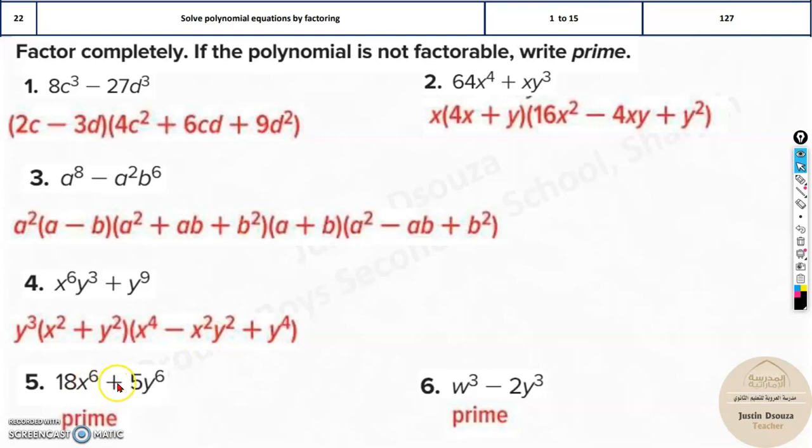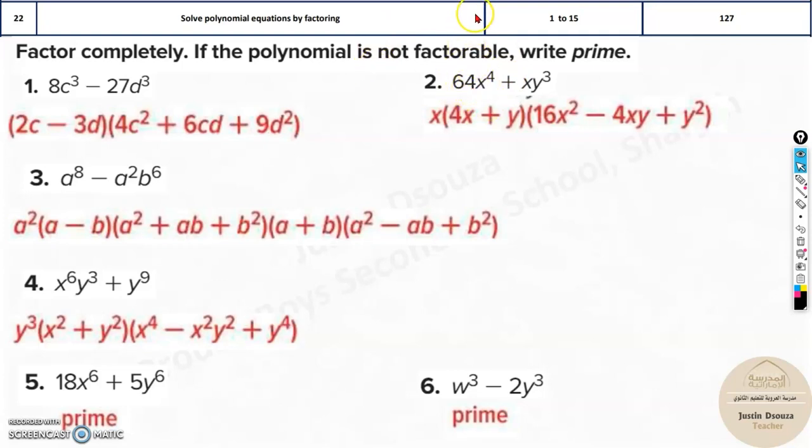One second over here, guys. If you look carefully, see, these coefficients can never ever be resolved. That's the problem. That's why it's prime. Look over here, 8, 24, 64. Whenever they give you numbers, it will be simple and easy that you can resolve it. Say 8, it is 2 to the power 3. 64, x will be removed out, so it'll be 4 to the power 3.